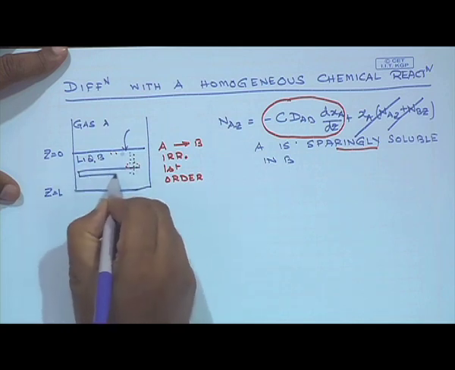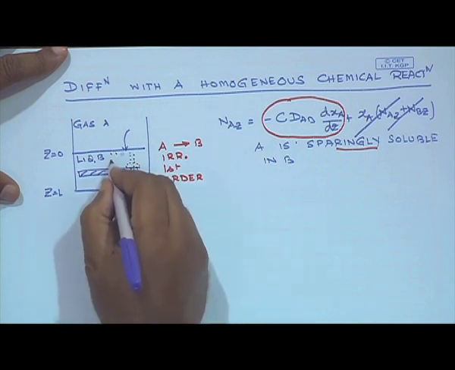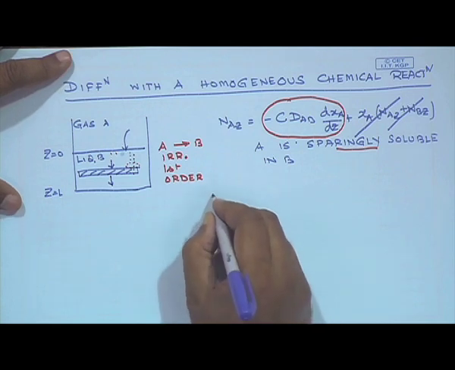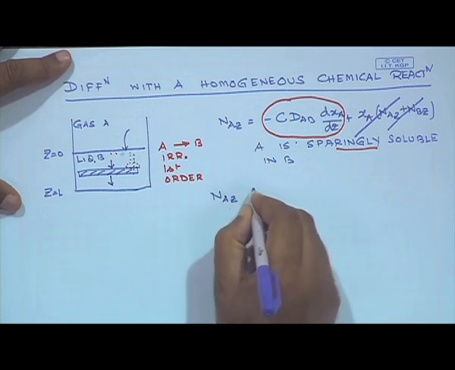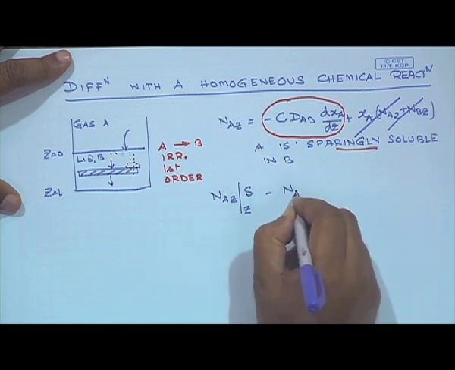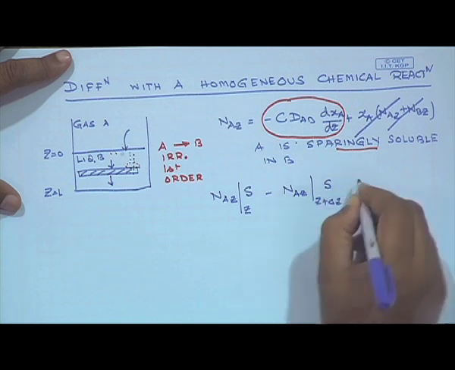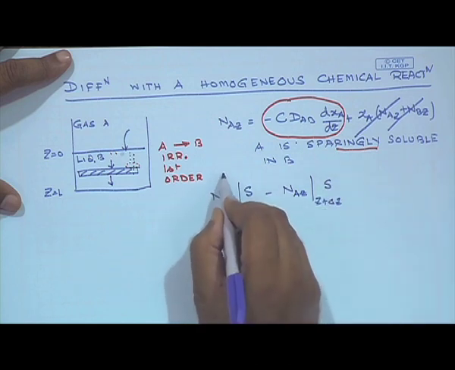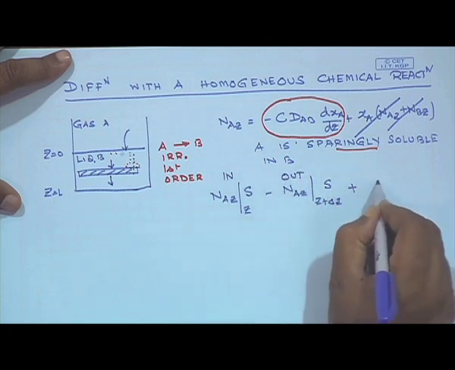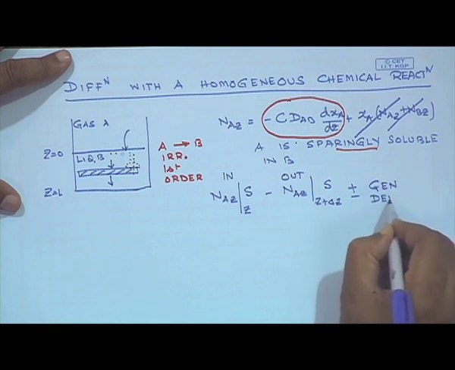As before, this is going to be a shell across which I am going to make a species balance, A coming in, A going out through a diffusive process only. So, N_Az times S evaluated at Z minus N_Az at Z plus delta Z, multiplied by the same cross sectional area, is the in minus the out, and then you are going to have plus or minus generation or depletion.